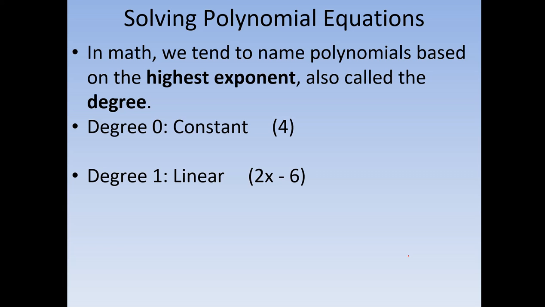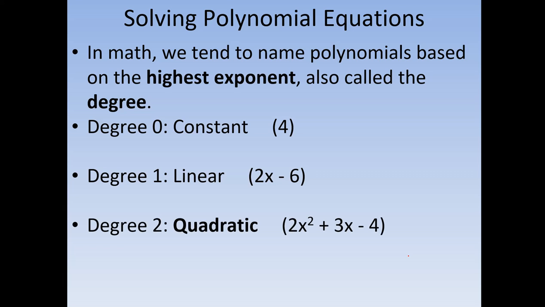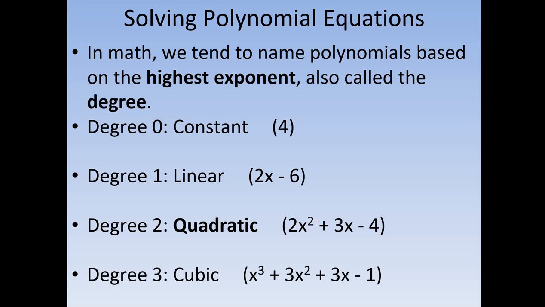So like 2x minus 6. Degree 2, which is what we're going to talk about in this section, are quadratics. So that's where we have the highest exponent being 2. You could also think of these as being trinomials, but quadratics is a better term for this. And degree 3, for example, we might talk about this later, but these are called cubics. So highest exponent is 3.